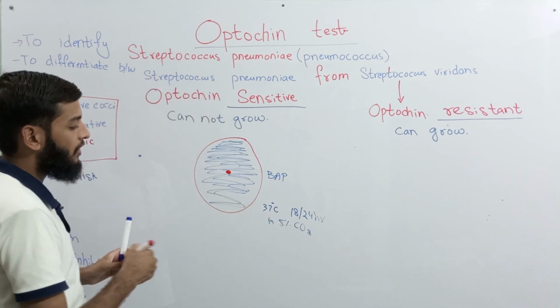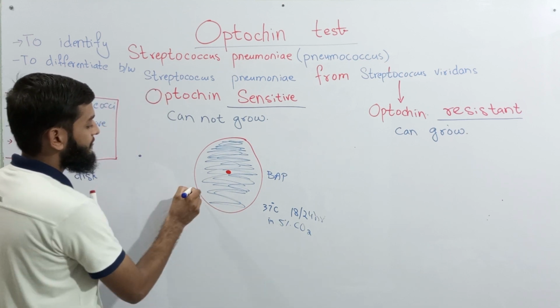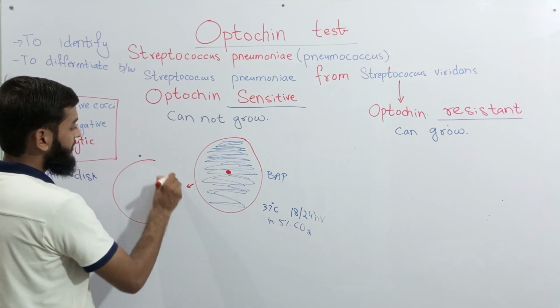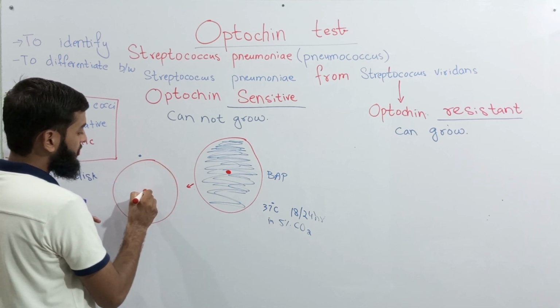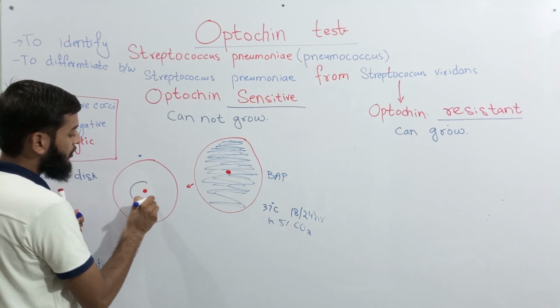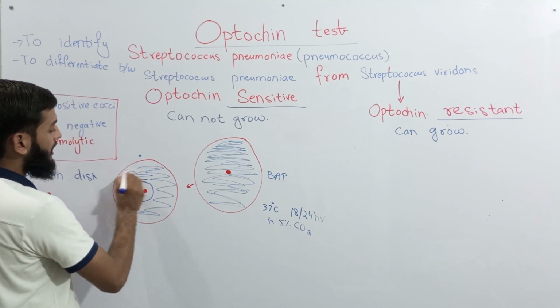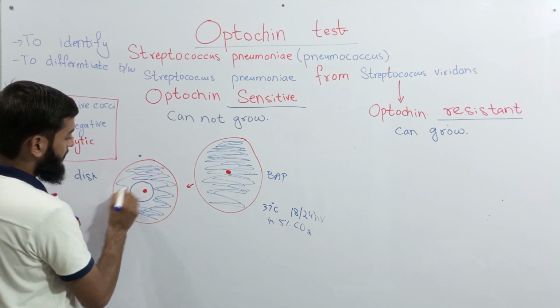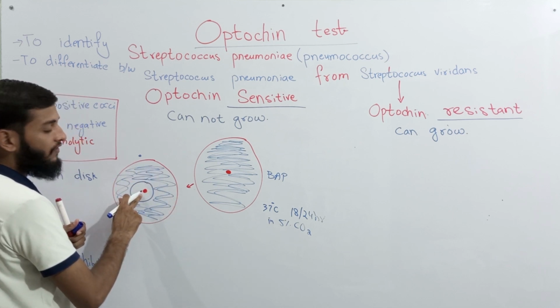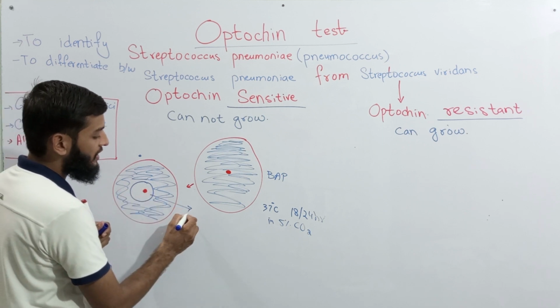After 18 to 24 hours we will see that on this blood agar plate, around the Optochin disc there will be no growth, whereas all over the plate Streptococcus pneumoniae is growing. This zone where there is no growth of bacteria is known as zone of inhibition.